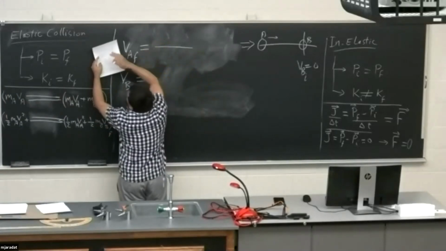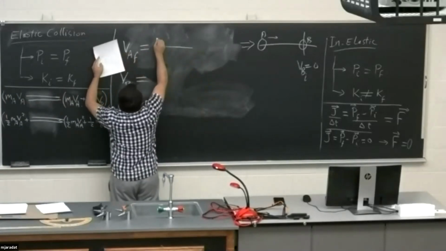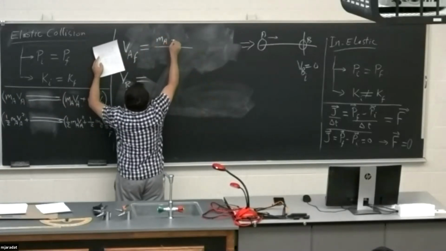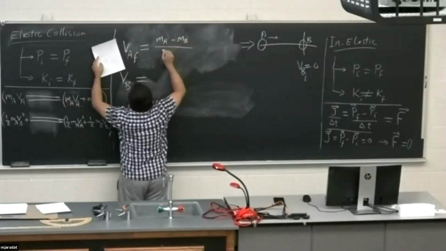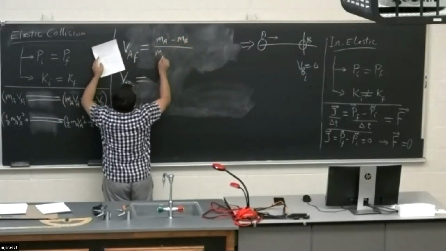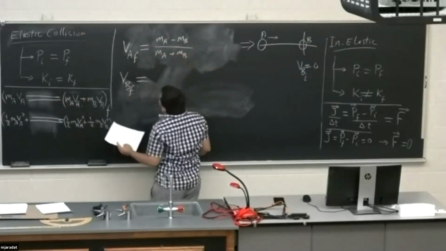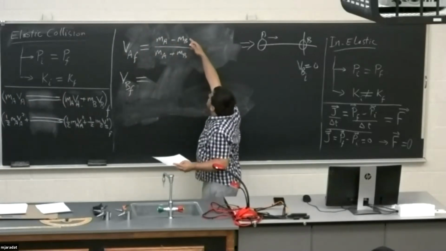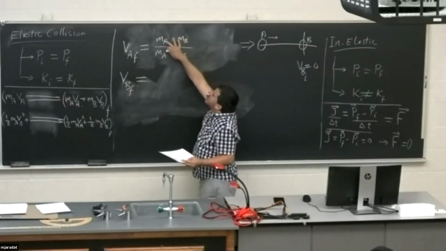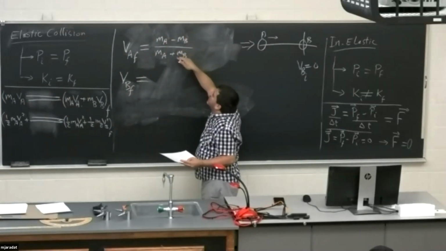VA after, it is in the X direction, as you see here. It is MA minus MB over the total mass, MA plus MB, multiplied by the given initial velocity, VA initially. This is mass over mass, so there is no unit because kilogram cancels with kilogram.